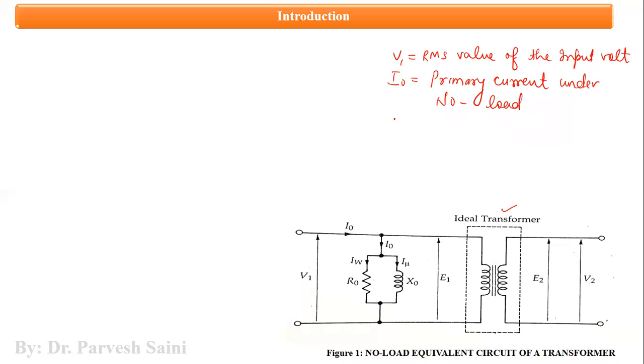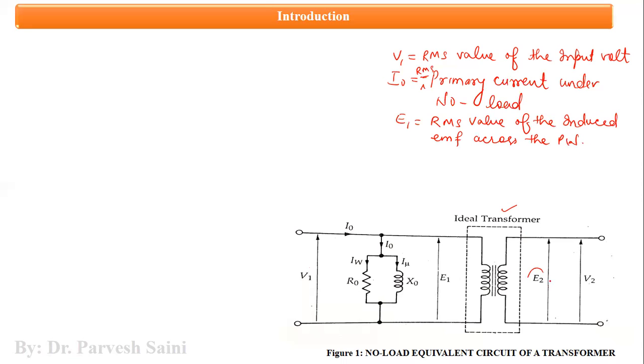Then E1 is the RMS value of the induced EMF across the primary winding, and so on.